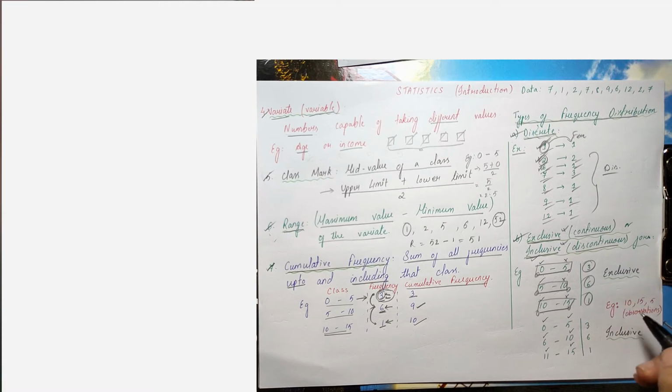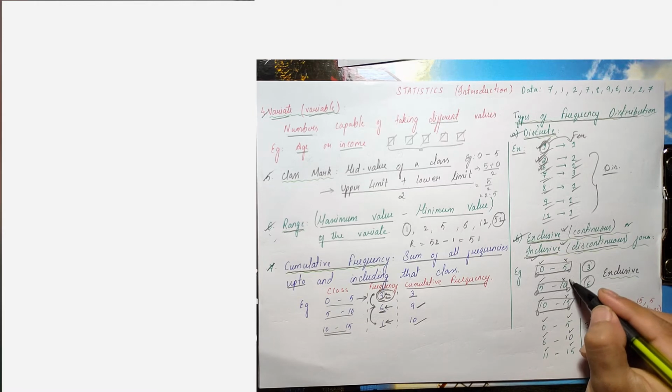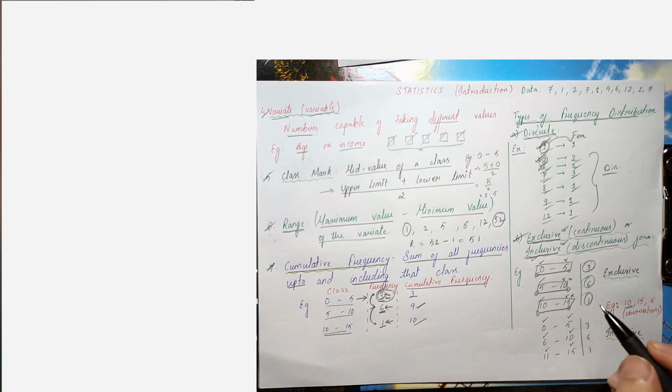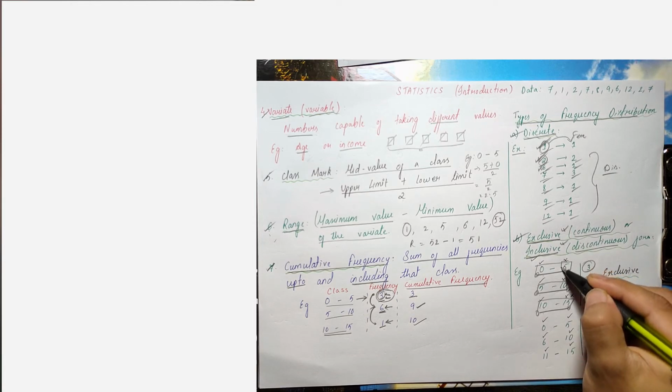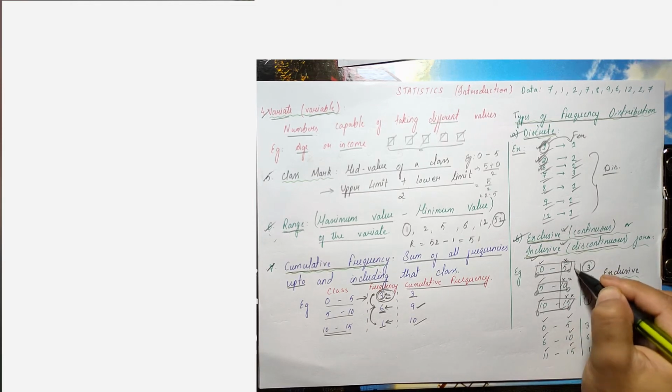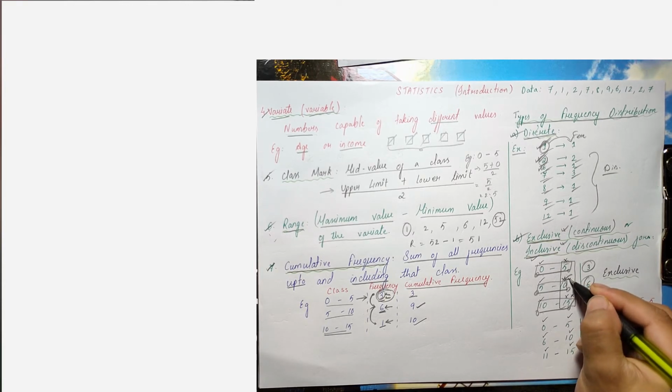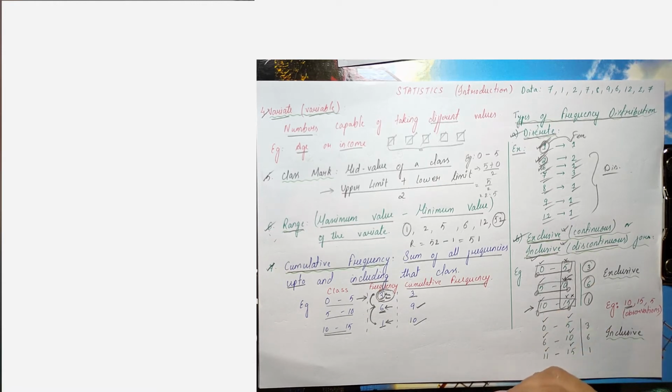So if we have, let's say, a data value 10, then where will it go? Will it go in this class or will it go in this class? Here it is to be understood that these upper limit values do not belong to these groups. If you have a value 10, it will not go to this class, but it will go in this class.